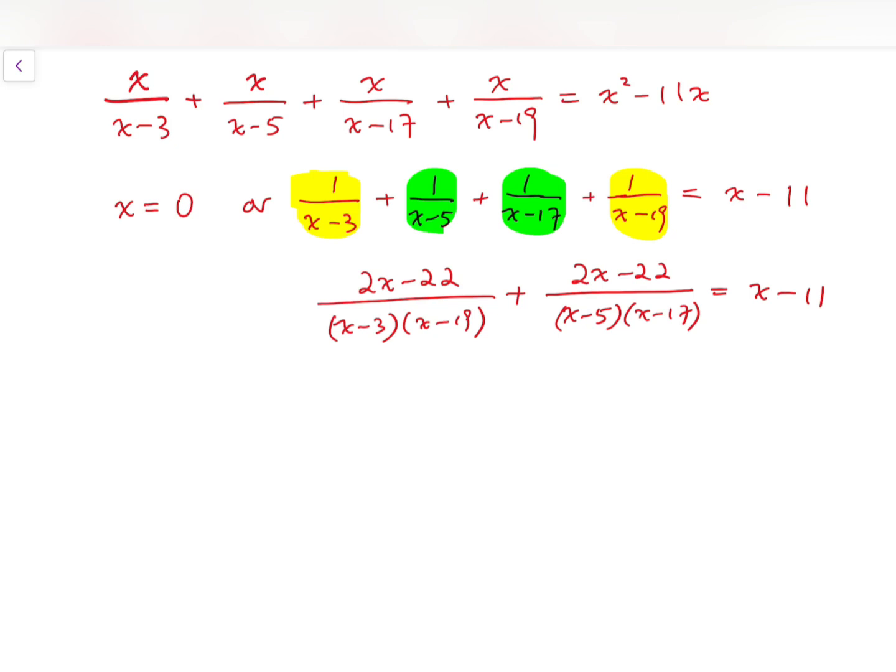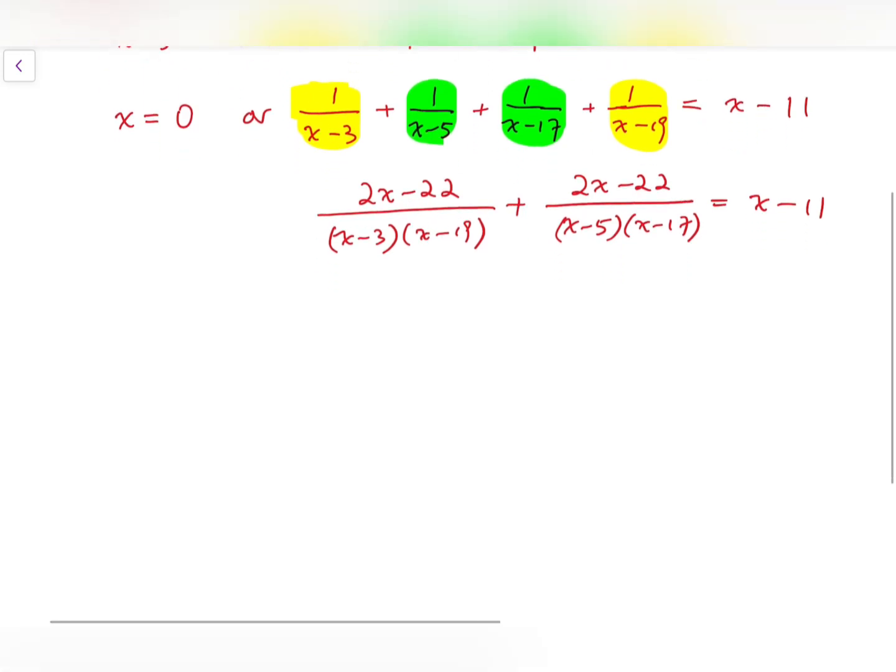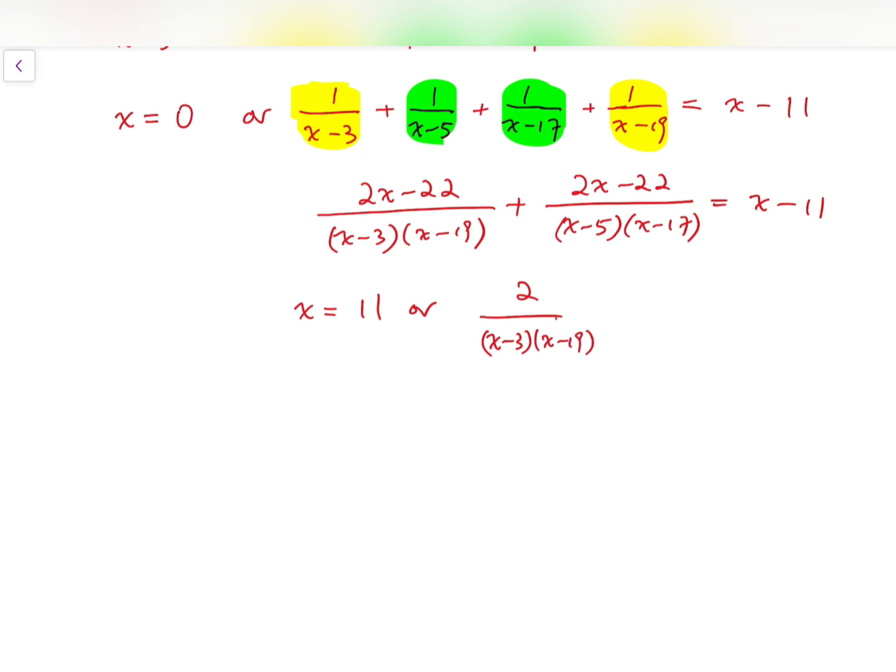And somehow, 2x minus 22, the numerator of both fractions on the left, is actually a multiple of the expression on the right, x minus 11. So I can further say that x equals 11, or I can divide both sides by x minus 11, and I'll have 2 over x minus 3 times x minus 19 plus 2 over x minus 5 times x minus 17, and that equals 1.